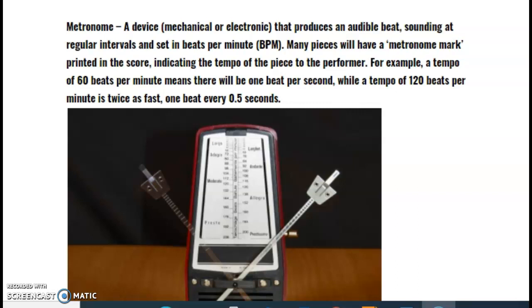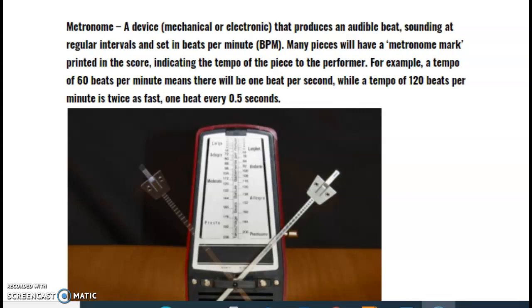Now we're going to look at your assignment for the week. Now a very important word is the metronome. It's a mechanical or electronic device that produces an audible beat sounding at regular intervals. So it sets the beat. Okay? So if I need to perform 60 beats per minute, that's what I put the metronome on, and it gives me the tempo of 60 beats per minute.